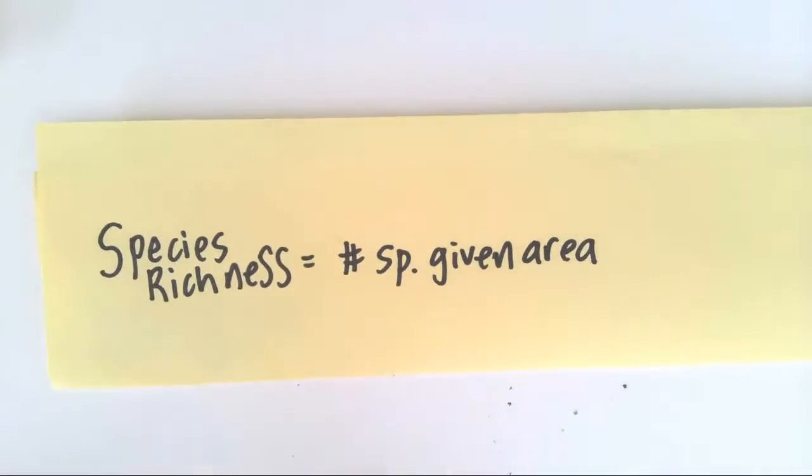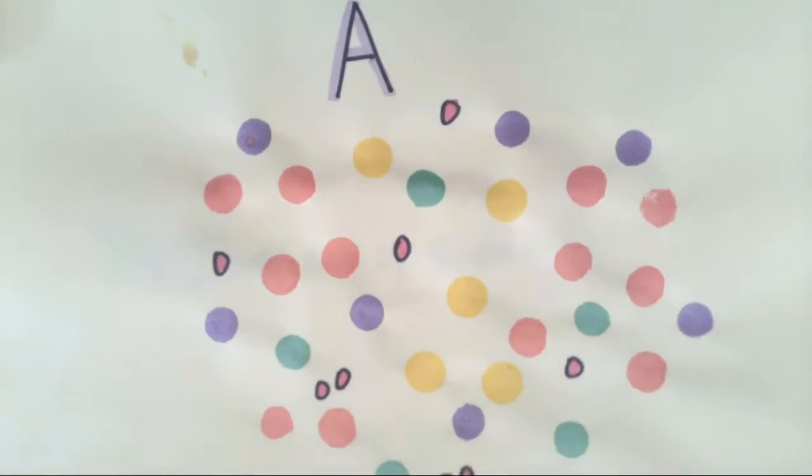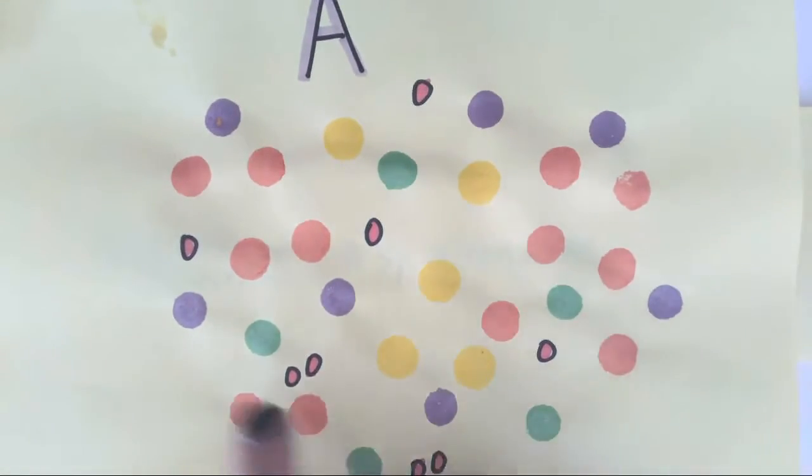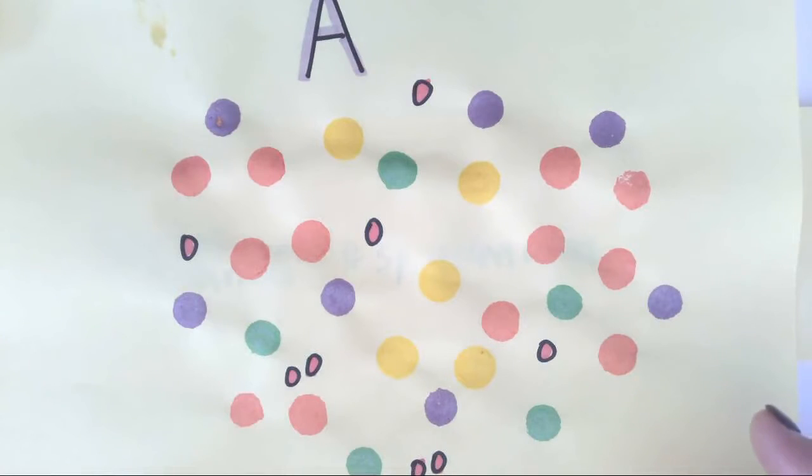So species richness is defined as the number of species in a given area, okay? And so this is actually a quantitative measurement. So if you were to look at a community, let's say you saw this community, community A, species richness would be the number of different species here, right?